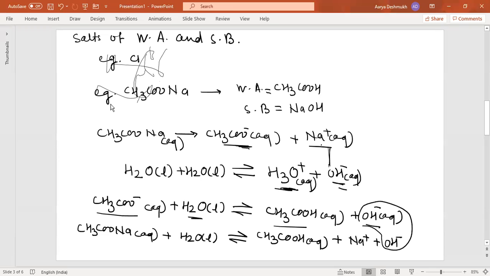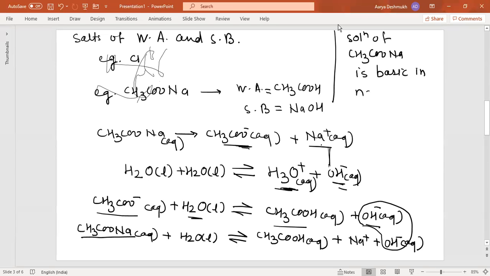So you can see here in both the cases, OH minus ions are produced, and due to the production of excess OH minus ions in the reaction, the solution will become basic in nature. So the solution of CH3COONa, that is sodium acetate, is basic in nature due to the formation of excess OH minus ion.